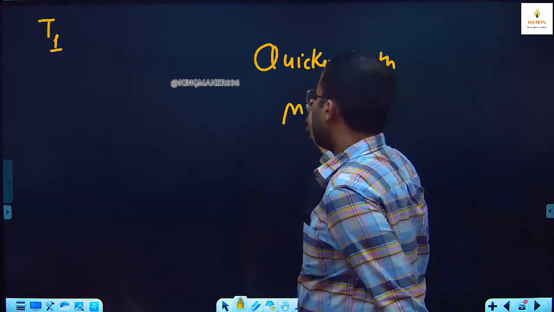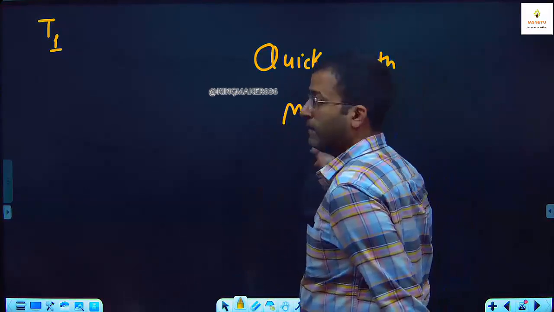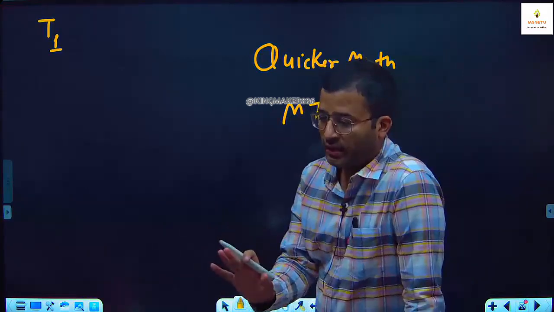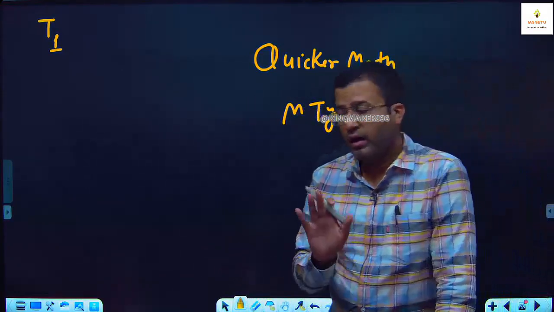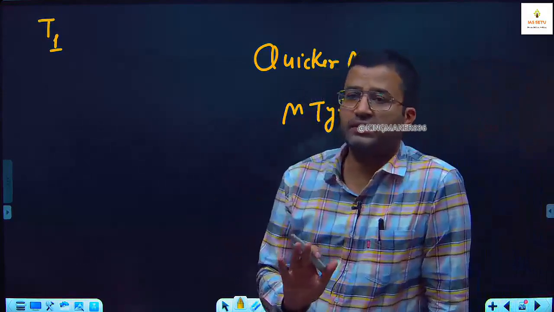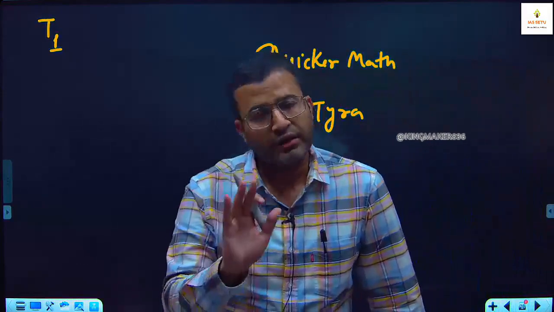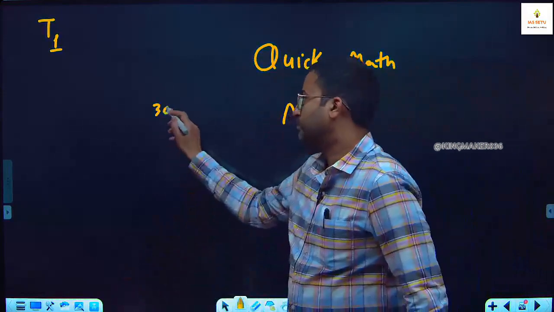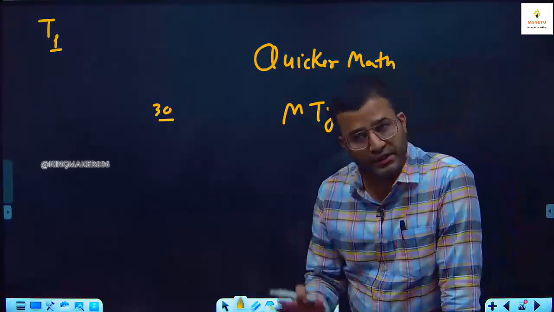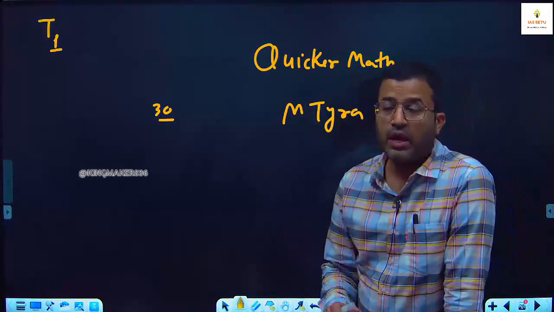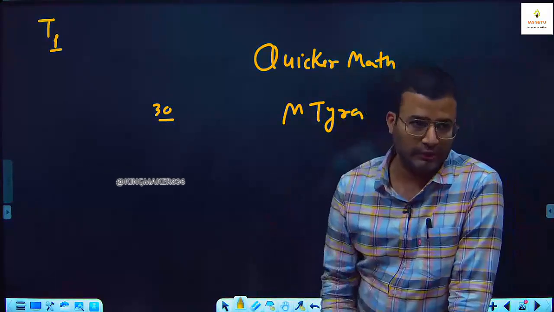Author name is M. Tyra. खरीदनी नहीं है, ठीक है, मत लिखो. See what this person has done. Nearly 30 chapter. Every chapter nearly 30 different types, and for each type one formula.